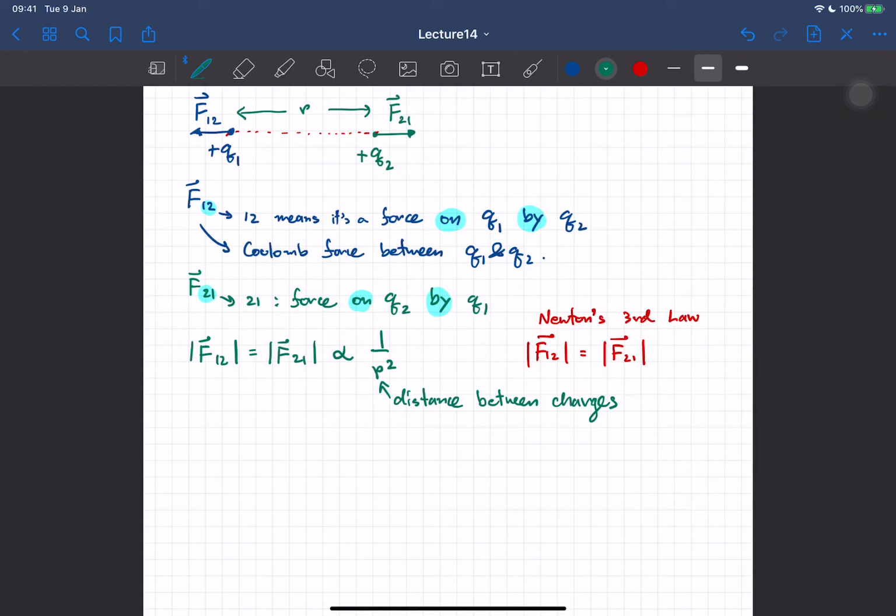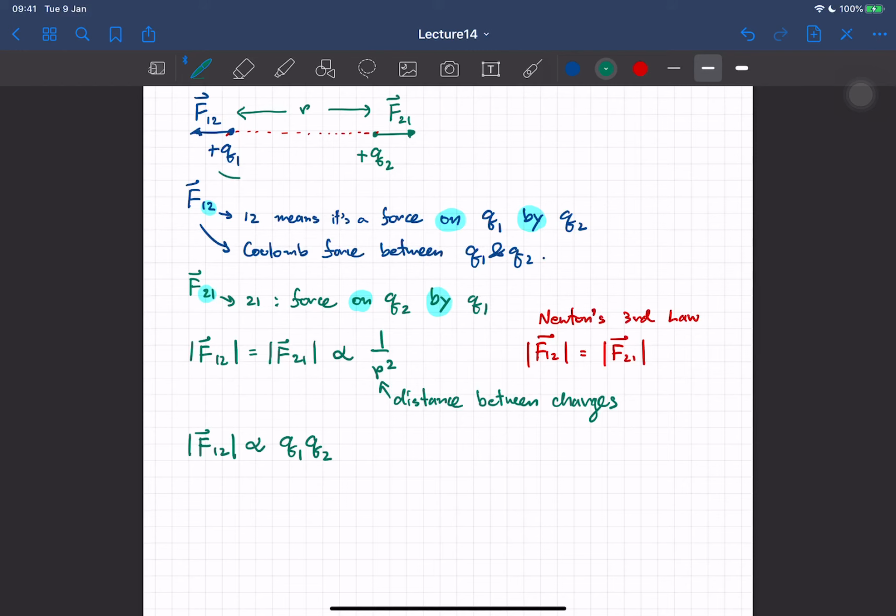And how strong the force is also depends on how much charge we have. So another thing that Coulomb found is that the magnitude of the force is proportional to Q1 and Q2 multiplied together like this.